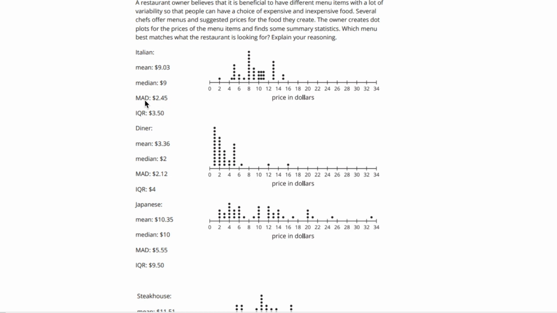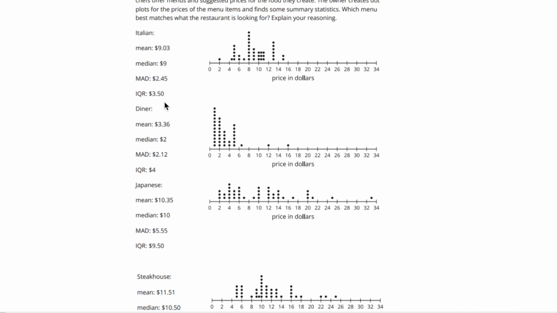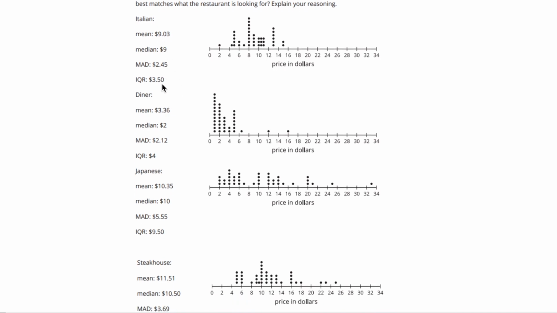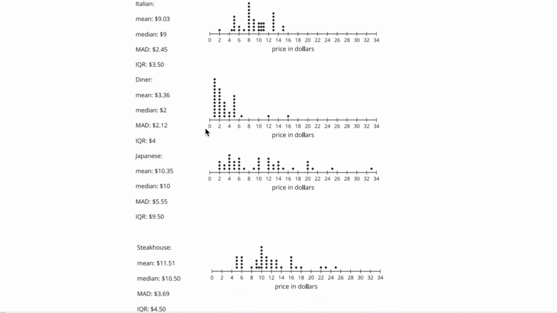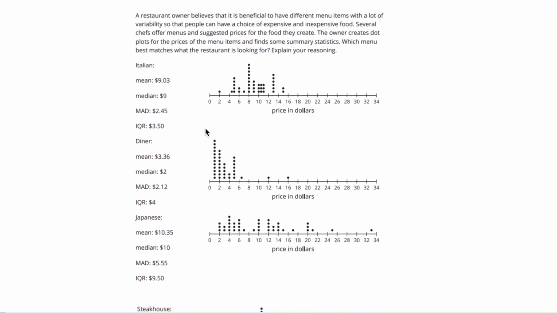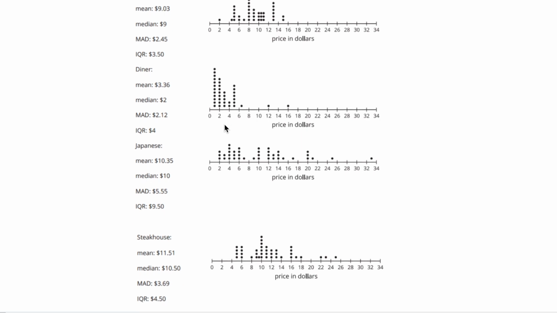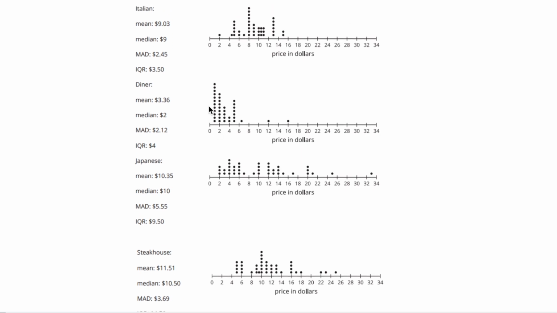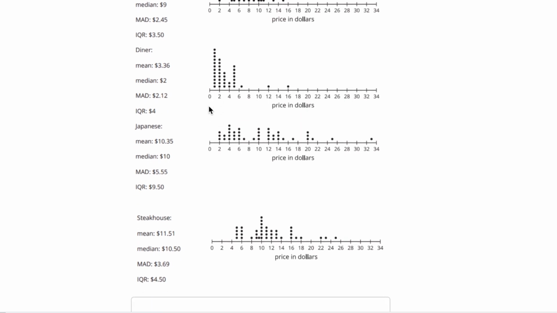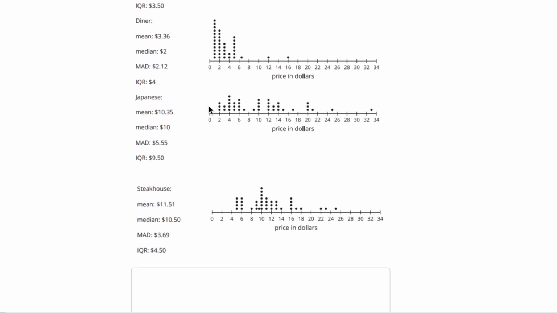Well, it tells you right here, the MAD is 2.45, the IQR is 350, so you can see that it's kind of low. So looking at the next one, the diner, the data is pretty much on the lower end. The median's $2. It's not a widespread of data.